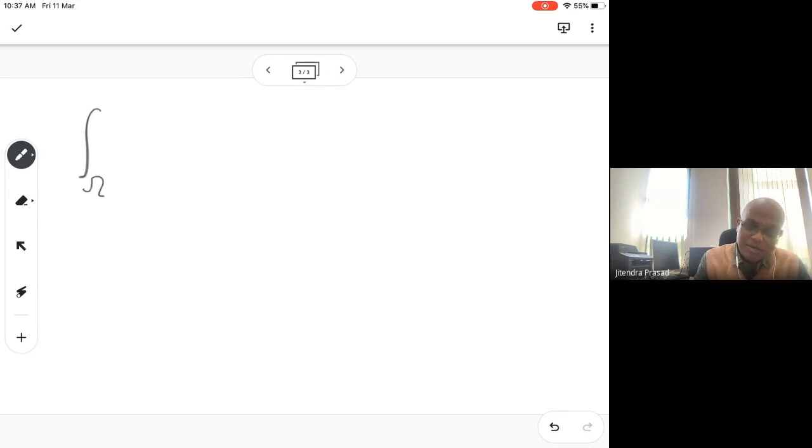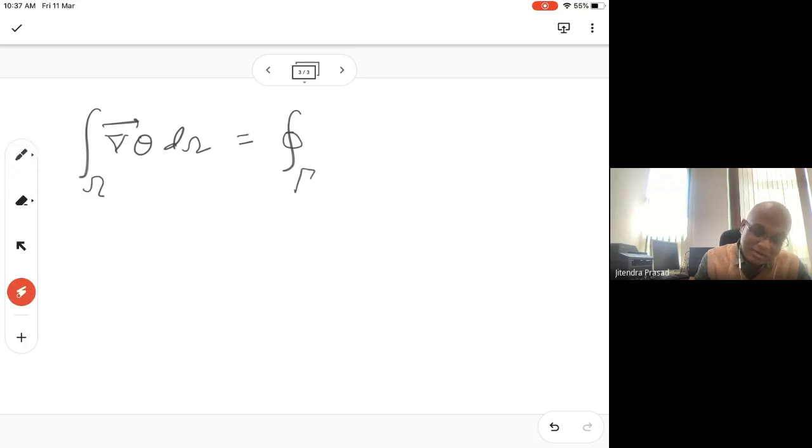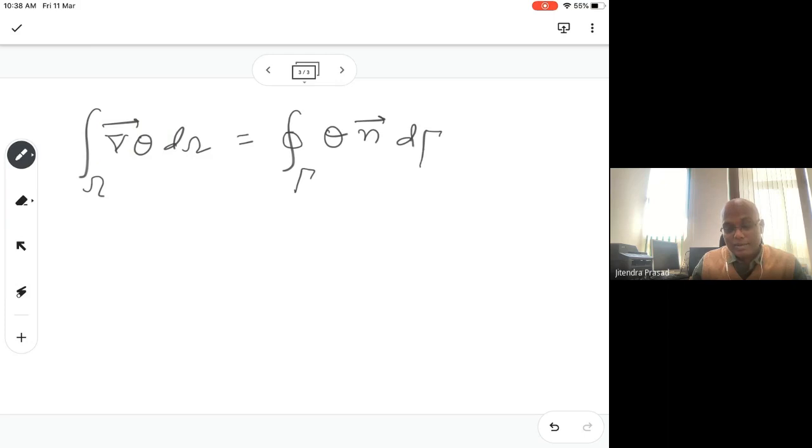So if you have the integral over omega of the gradient of a function theta d omega, it will be equal to the closed loop integral over the boundary of theta n, and instead of d omega you write d gamma, and you integrate over the boundary and you will get the value.